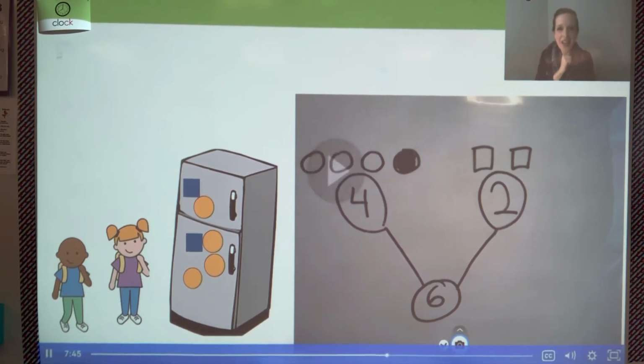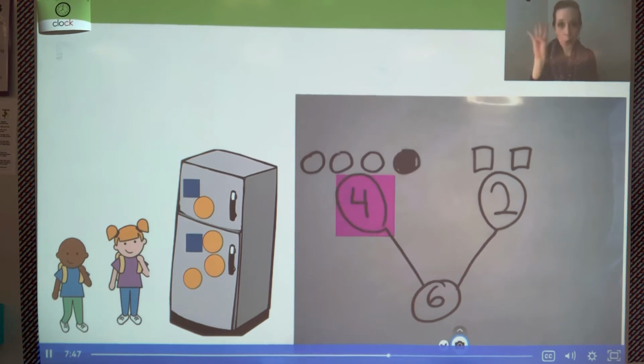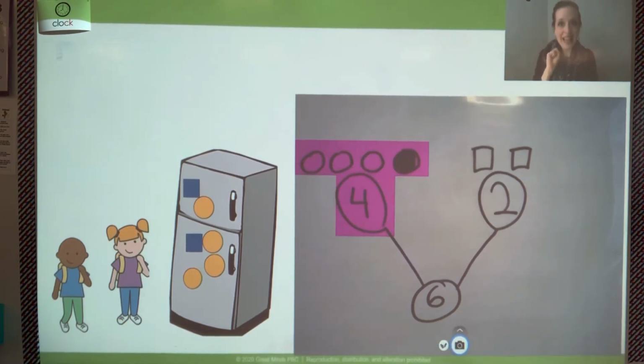Oops, sorry. I heard some of you say that 4 shapes and 2 more shapes make 6 shapes in all. That's right, friends. We can write it like this.